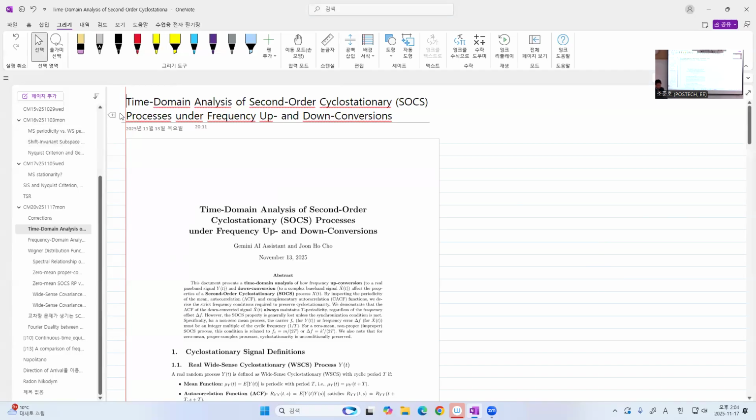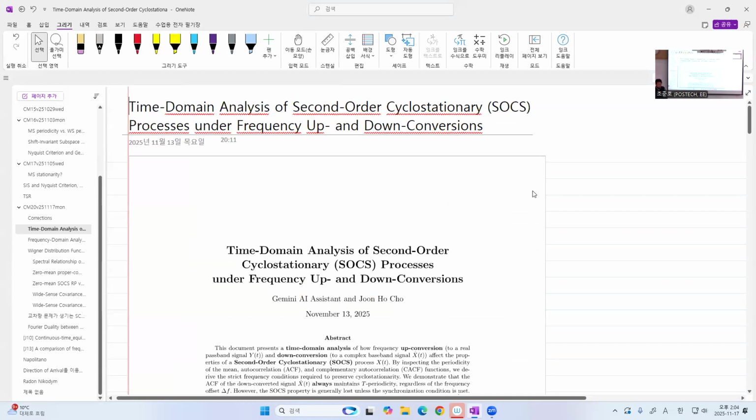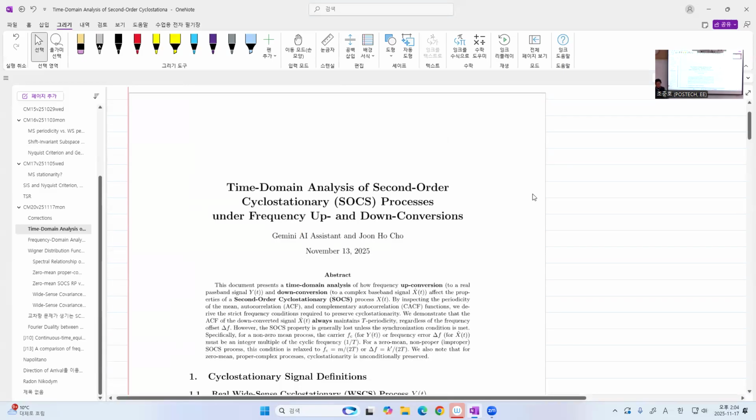Anyway, before we talk in the frequency domain, let's see some time domain analysis of second order cyclostationary processes on the frequency up and down conversion. And this is also written by myself and Gemini after a lot of feedback.